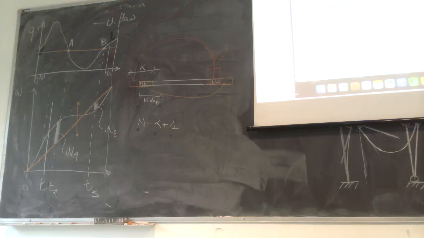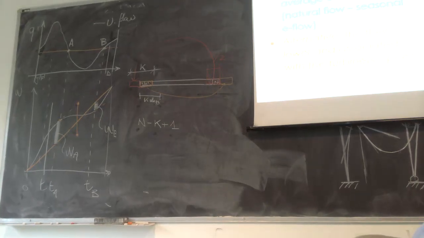And then the second to last step, identify the maximum constant turbine flow. What is this? It's nothing else than the mean on the whole year. It's the mean of the usable flow. Usable flow is this black line.